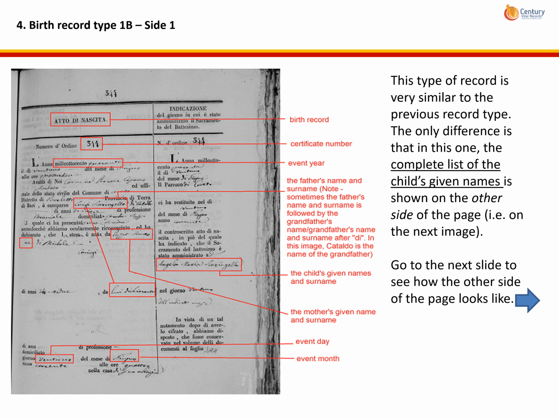However, the surname of the child is usually shown on the first page. It's important to go to the next page and look for the child's given names to make sure that you don't miss out any of them in case they all are not listed on the first page.